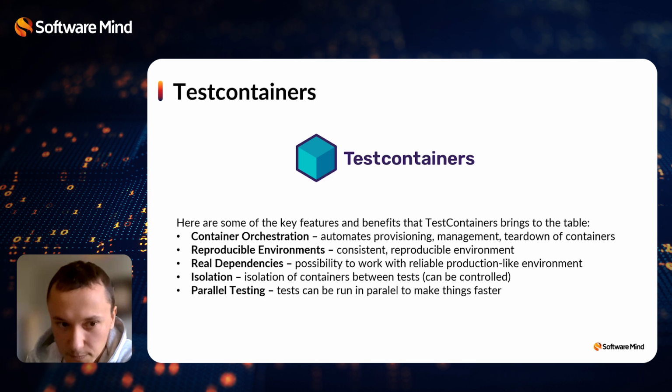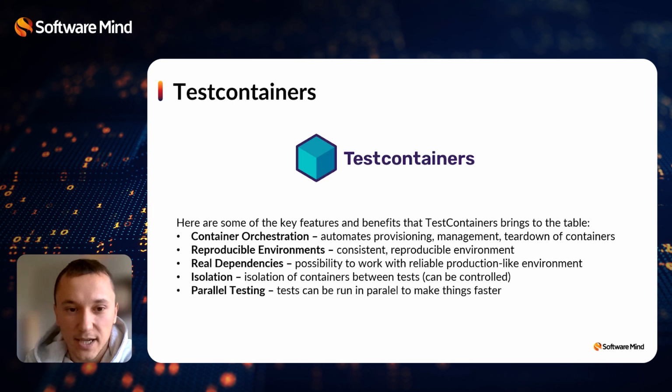And what's maybe even more important, they give us the possibility to have reproducible environments with real dependencies. So if we have Postgres 16 on production, we can have our tests operating on Postgres 16. There's no problem. If we have an older version, we can specify the older version. Everything is configurable.